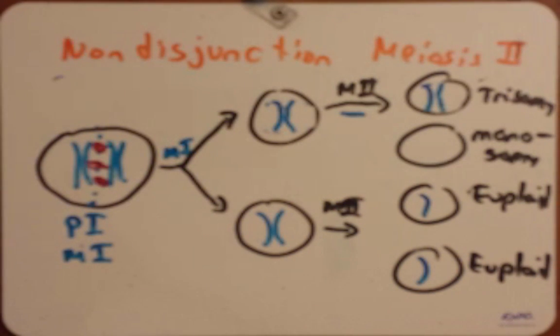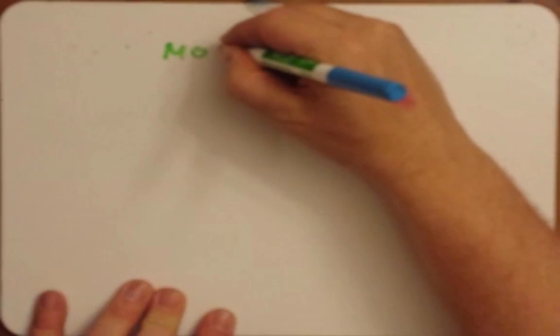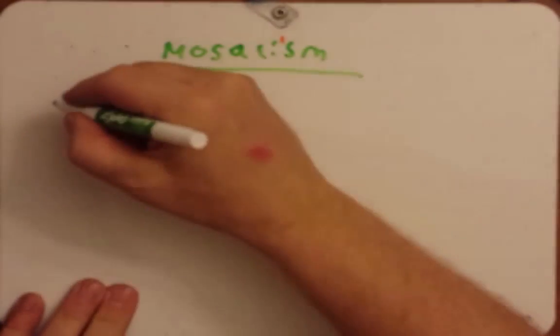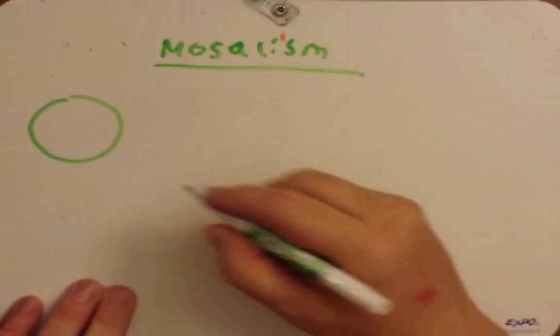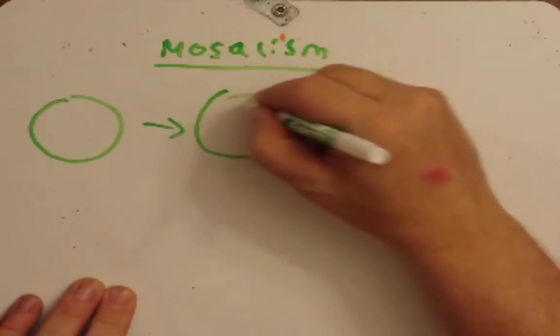And I'm going to talk about this really interesting phenomenon called mosaicism. Individuals who have a mosaic phenotype, or this trait, is a good explanation that sometimes non-disjunction occurs in mitotic cells. And so if we have our zygote here, and then it divides several times, maybe many times, right?